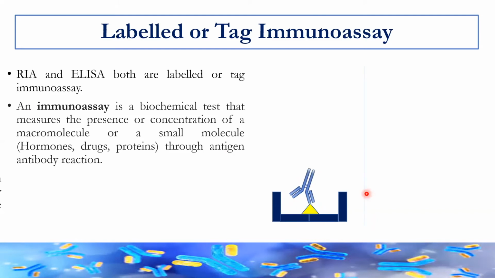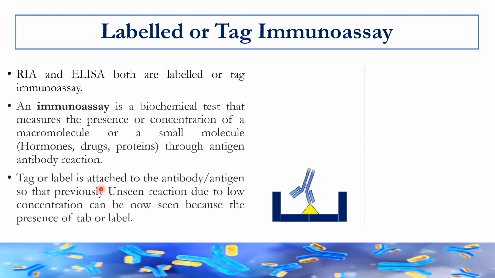A tag or a label is attached to the antibody or antigen so that a previously unseen reaction due to low concentration can now be seen because of the presence of the tag or label.